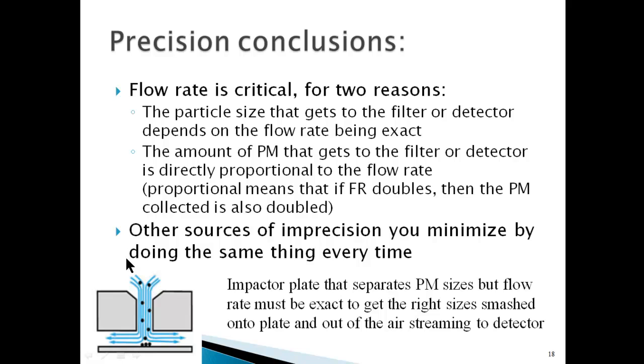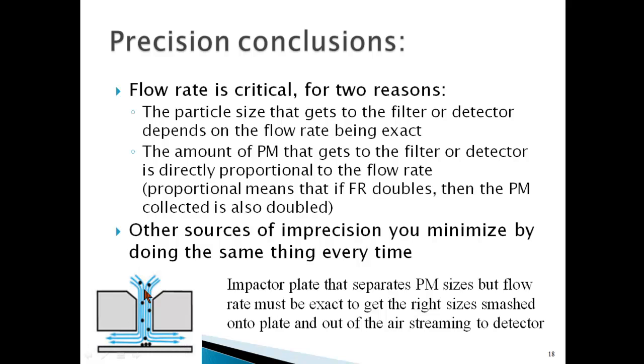But what happens is air comes through, and then there's this impactor plate. The heavier stuff, like stuff that's bigger than PM10 in this case, continues on because it's heavy, so it can't make this turn. The lighter particles, PM10 and smaller, go with the air. But the heavier stuff bangs onto this impactor plate and then it doesn't make it through to the detector.